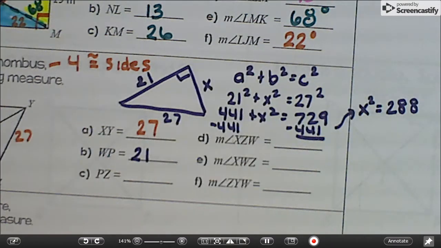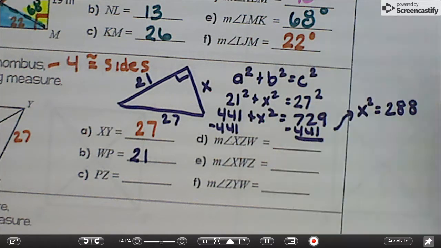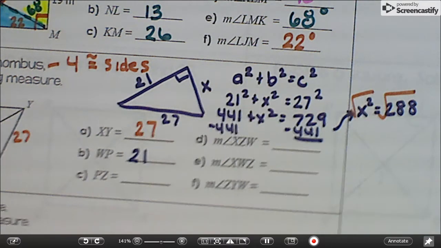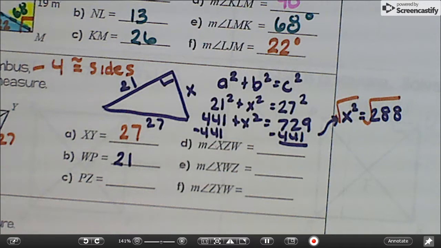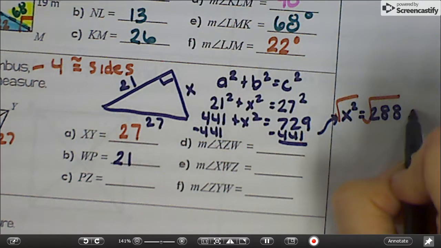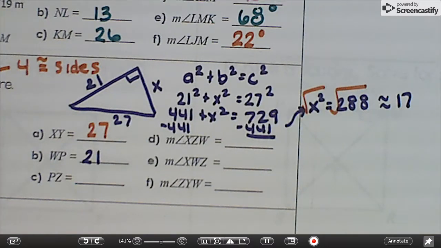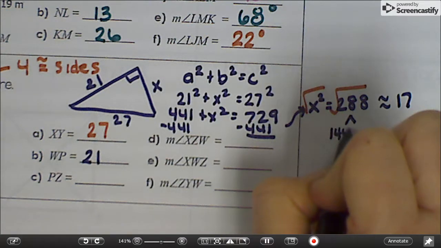We can simplify this, or first we have to actually take the radical. I just forgot that step. So the decimal equivalent, just the square root of 288, is approximately 17 when I round it. Or you could do simplified radical form.